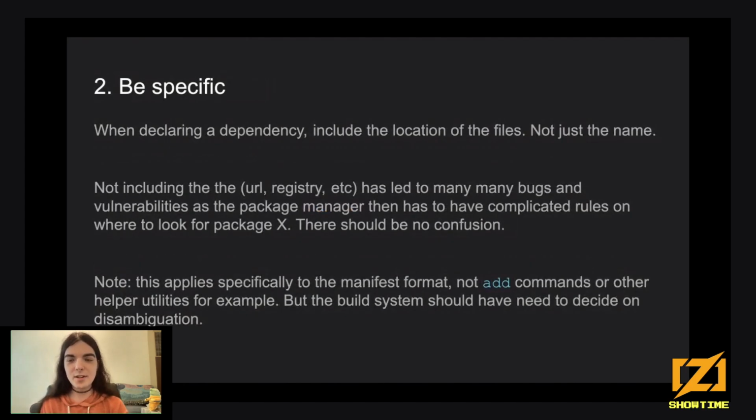Another big thing was to be specific. Looking at a lot of other package manifest formats, they usually just have a name, like, I want this package, and this package, and this package.